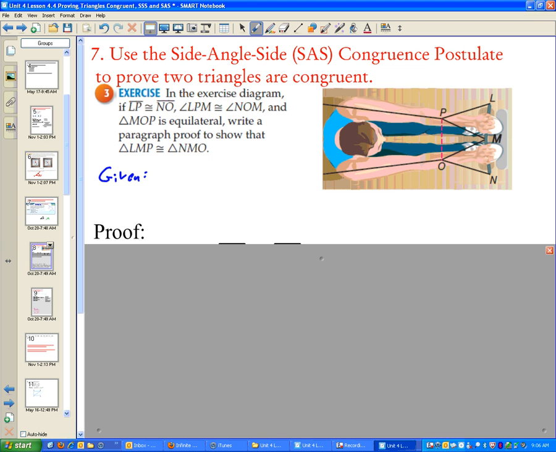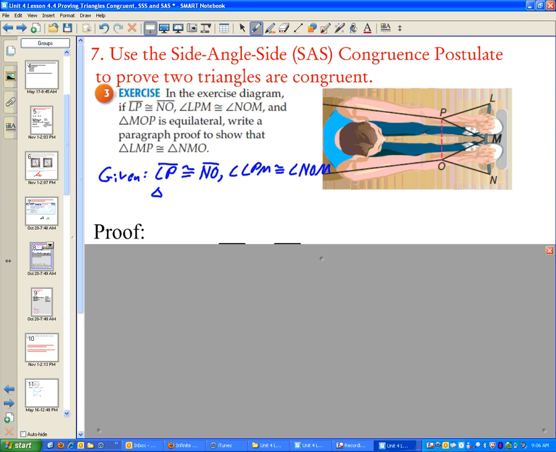So we're given that segment LP is congruent to segment NO. We're also given that angle LPM is congruent to angle NOM.